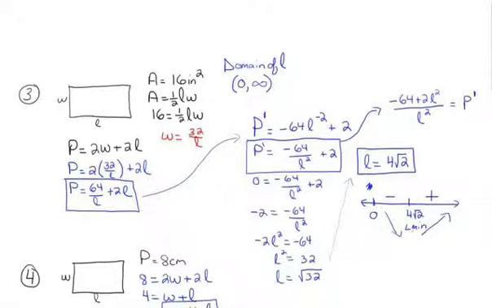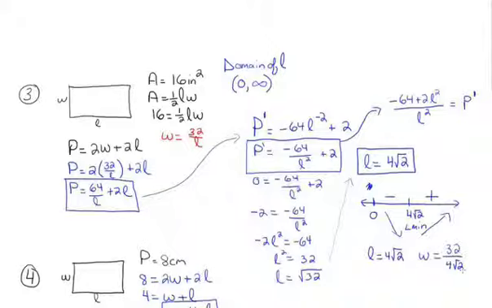What are its dimensions? So I just found that L has to equal 4 root 2 to be the minimum. And if L is 4 root 2, then W is going to be 32 divided by 4 root 2. And my calculator is under my book, which leads me to 32 divided by 4 divided by square root of 2.